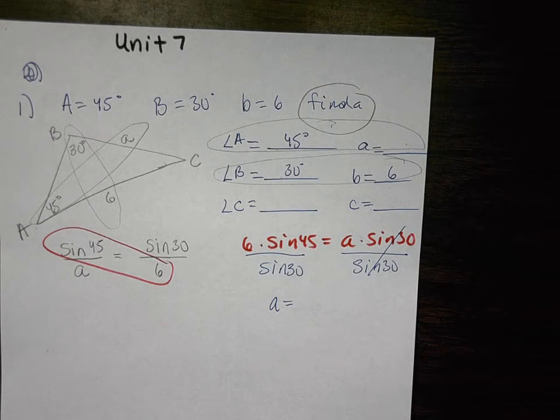So you plug it in: 6 times sine of 45, close parentheses, divide sine of 30.